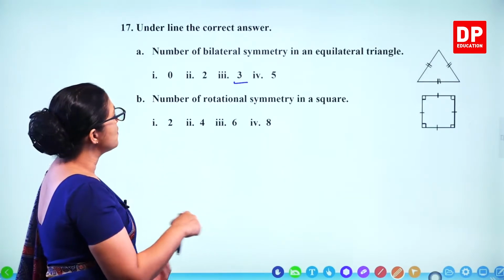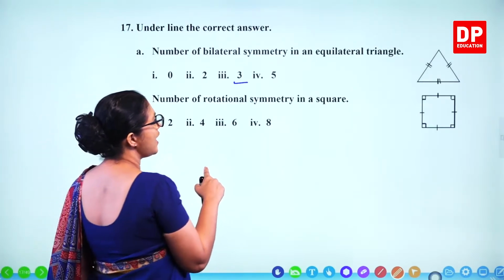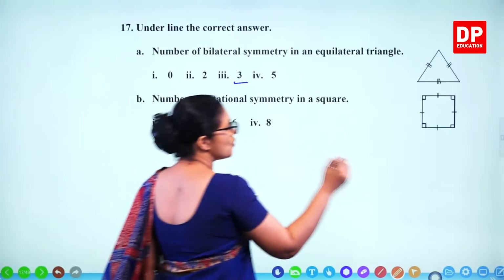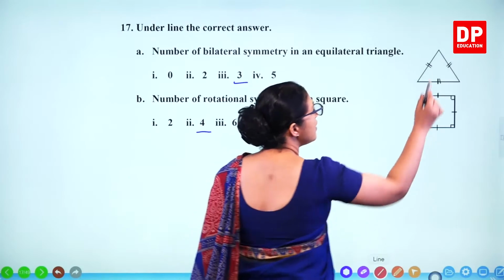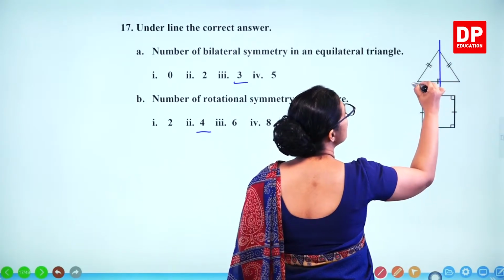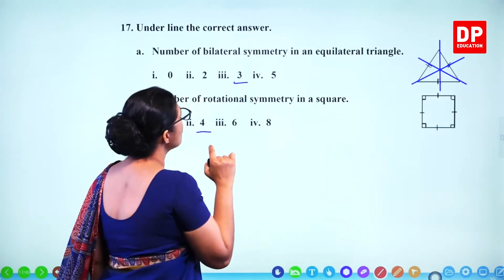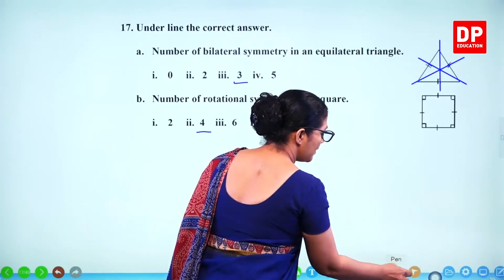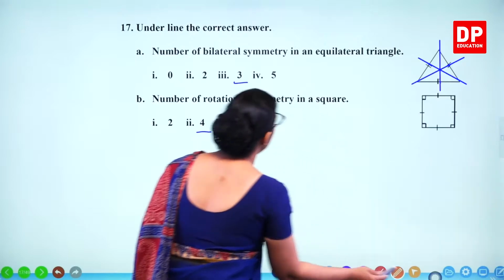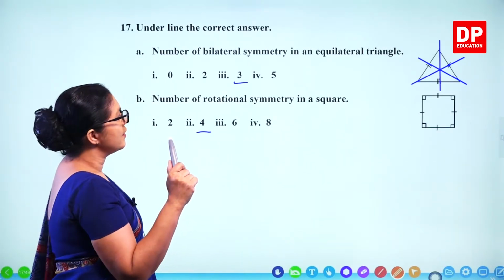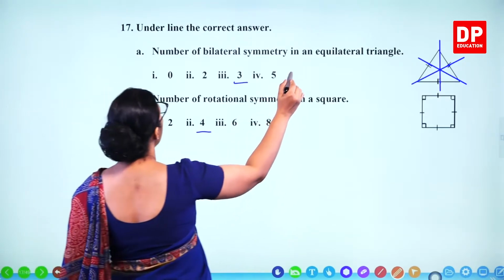So 4 times you can rotate and you get the same figure. Shall I draw the axis of symmetry here? You get 1, 2, 3 like that. So bilateral symmetry and rotational symmetry. So 2 marks, so 1 each.